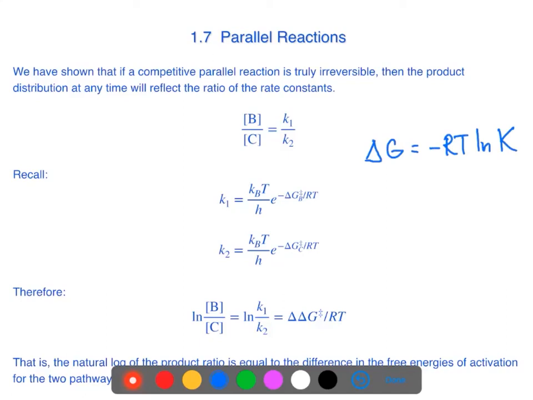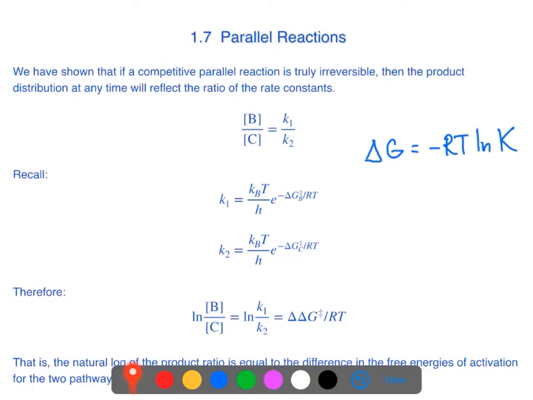And so when we talk about the free energy of activation, we're referring to the difference in free energy between the reactant and the transition state for that particular species or that pathway. So you'll just take it as given for now, and we'll come back to how we get to these expressions in later videos. But this ties in nicely with parallel reactions, so I thought I would include it earlier than later.